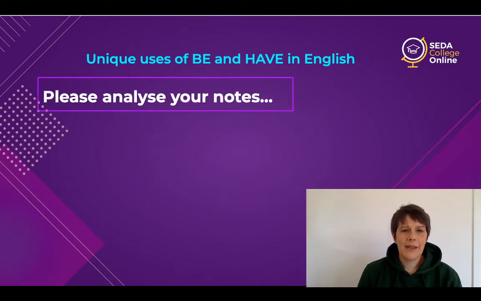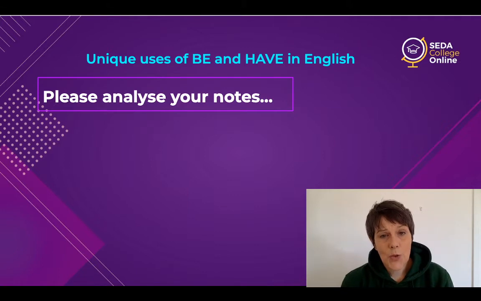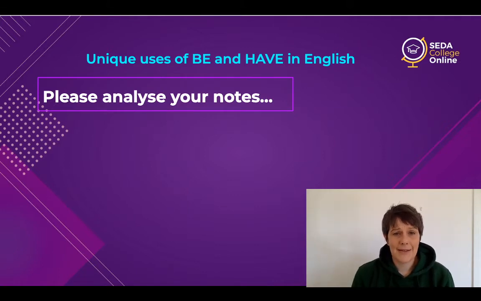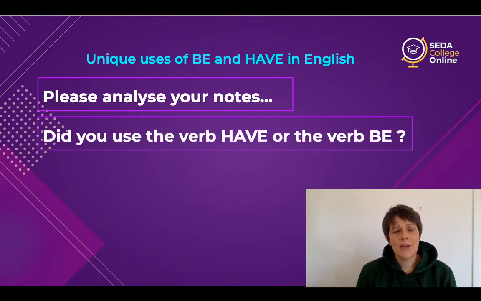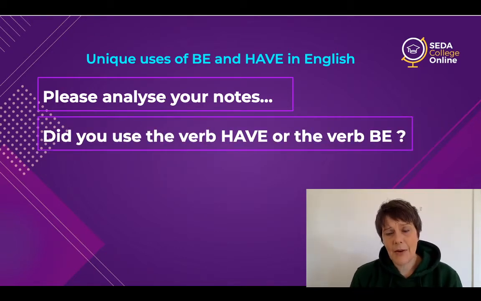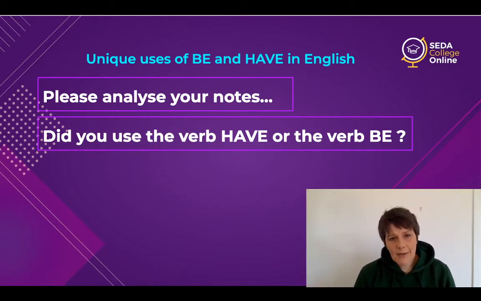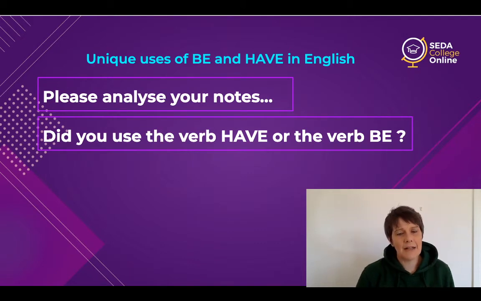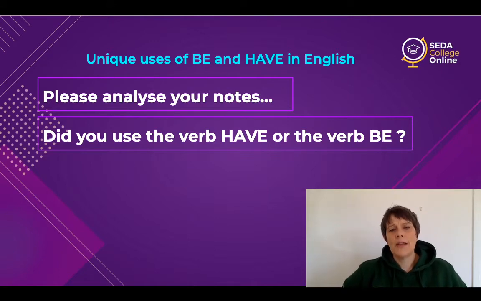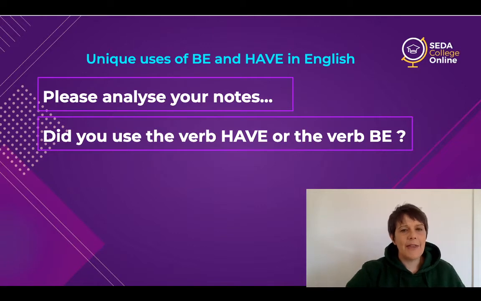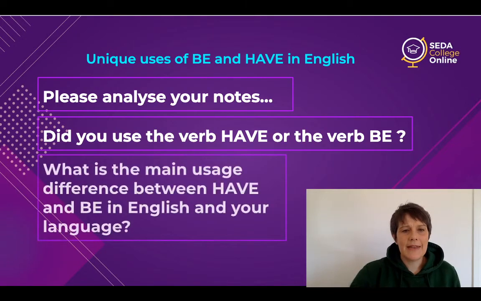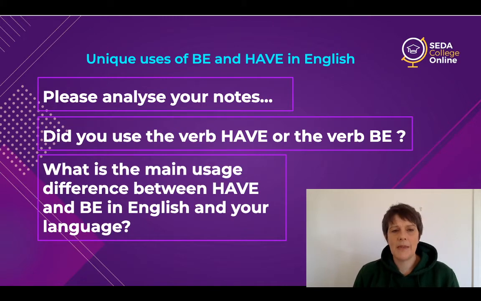So now, what I'd like you to do is analyse the notes that you wrote about your favourite places in Dublin, or the places that you recommended to go, and just have a look. Did you use the verb have, or did you use the verb be with your descriptions? Like, did you say that there was a lovely view, or did you say that the place had a lovely view? Because that's what I'm trying to get to: we talk about a place, like we say, it is lovely, there is a great view, and that is the way we speak.